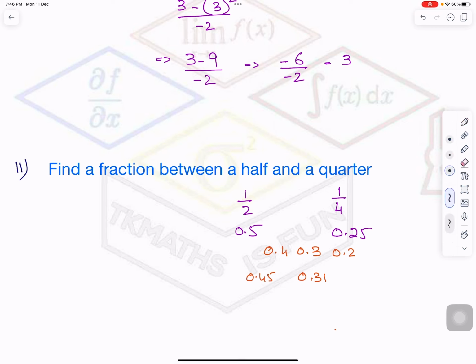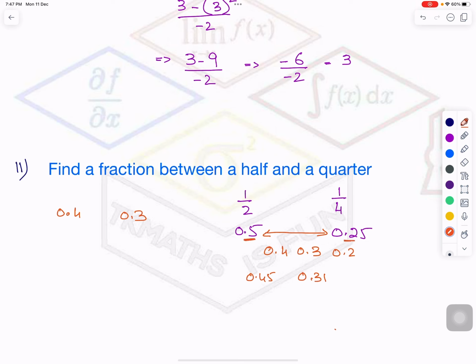Question is saying find a fraction. If it says find 2 fractions, 3 fractions, so first of all pick up these decimal numbers. Suppose I am picking up easy ones because there is no restriction, my choice. I am picking up 0.4 and 0.3. They are in between 0.5 and 0.25. Agreed?